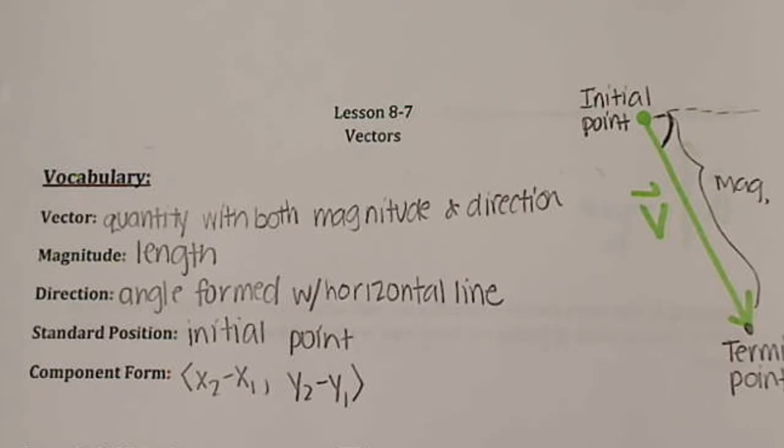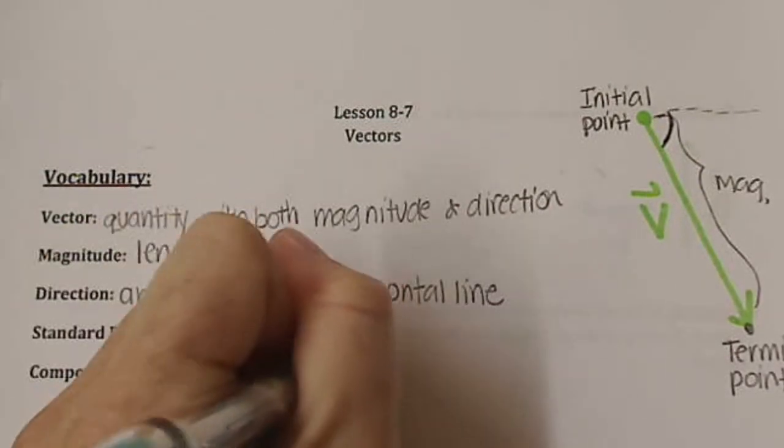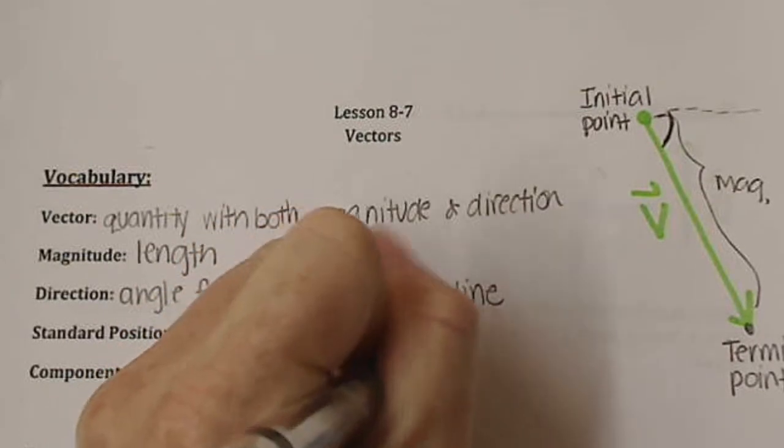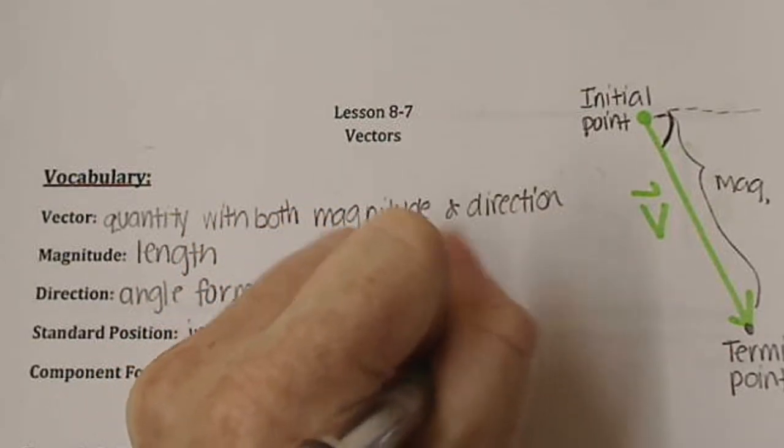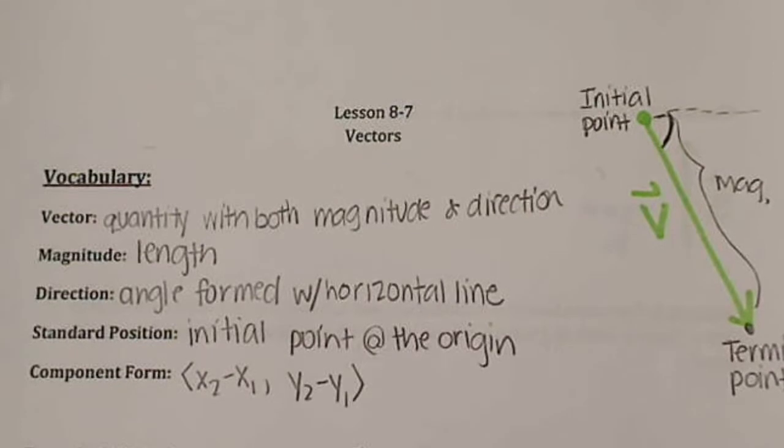The standard position, I forgot to finish that one, is the initial point at the origin. That means if your vector is placed so that the initial point is at 0, 0, then your vector is what's called in standard position.